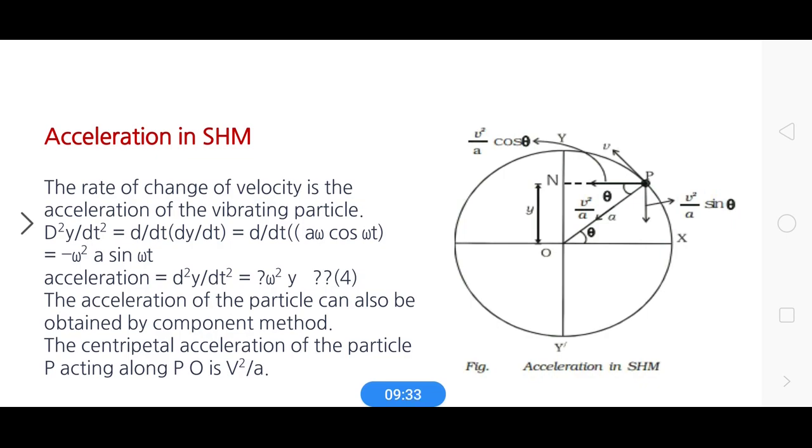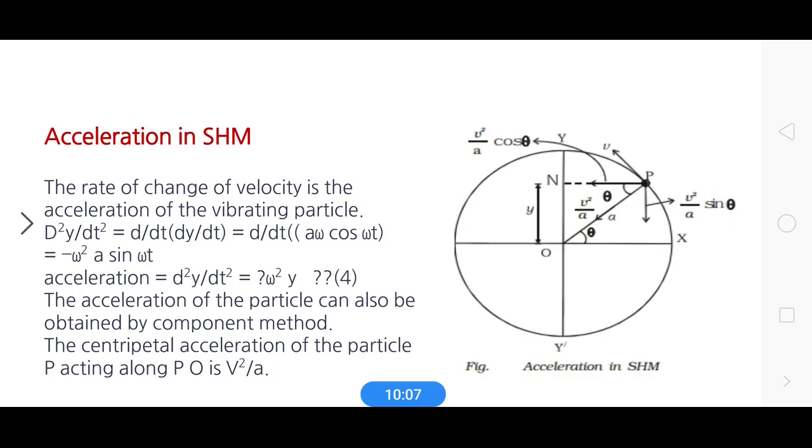From the conditions of SHM, the acceleration is always proportional to displacement and the direction of acceleration is opposite to the direction of displacement. From this equation we clearly get the knowledge about these two points: a is equal to minus omega square y. So this is the first method to obtain the acceleration in SHM.